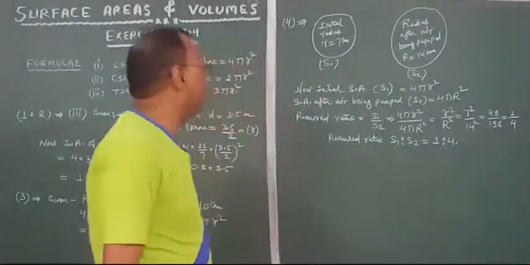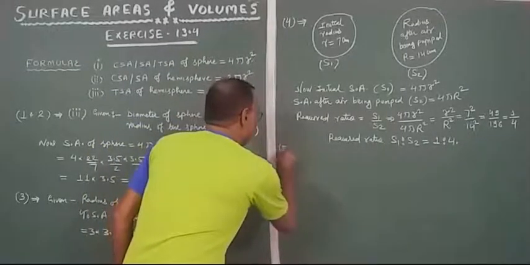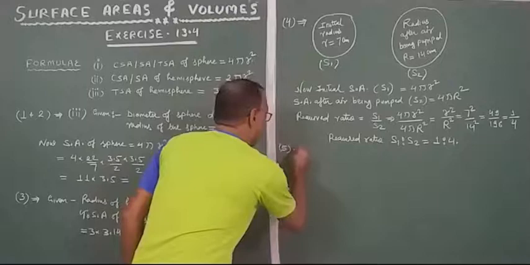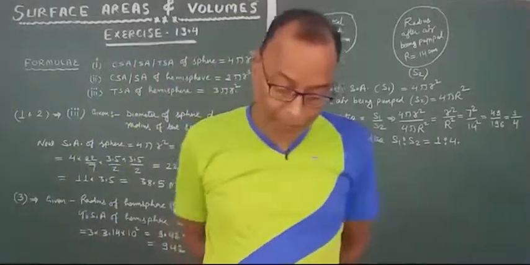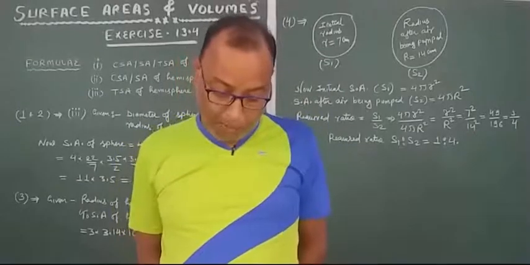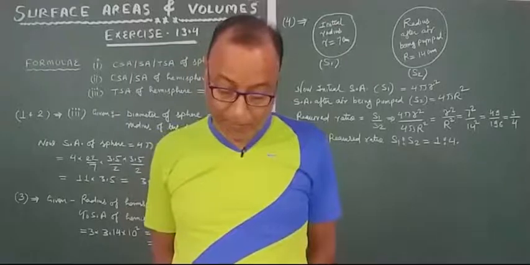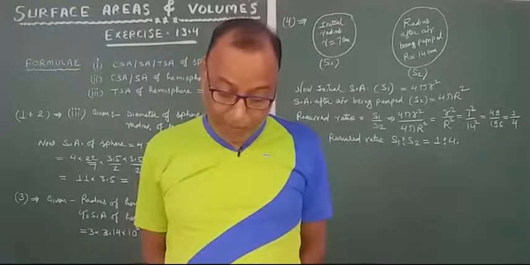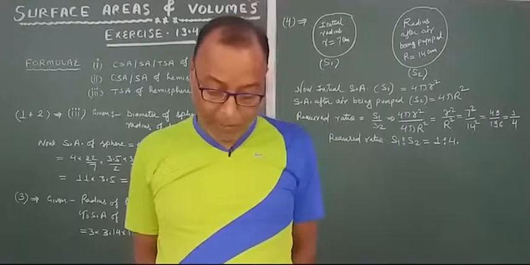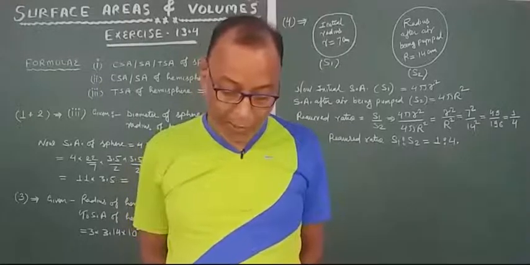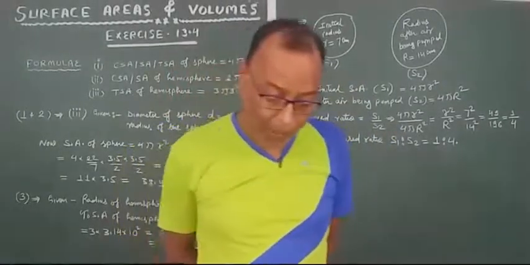Now just look at question number 5. A hemispherical bowl made of brass has inner diameter 10.5 centimeter. Find the cost of tin plating it on the inside at the rate of rupees 16 per 100 centimeter square. You are given the diameter of the hemispherical bowl.